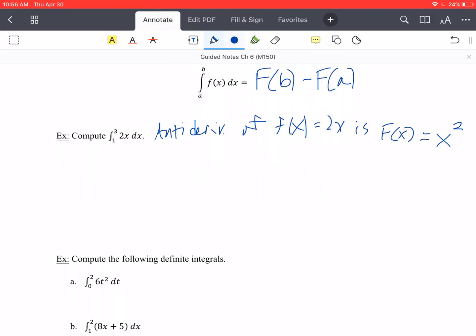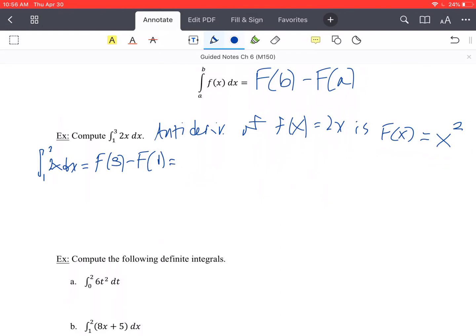So to compute the integral, we get the integral from 1 to 3 of 2x dx. That's going to be antiderivative at 3 minus antiderivative at 1. And the antiderivative, again, is x squared.